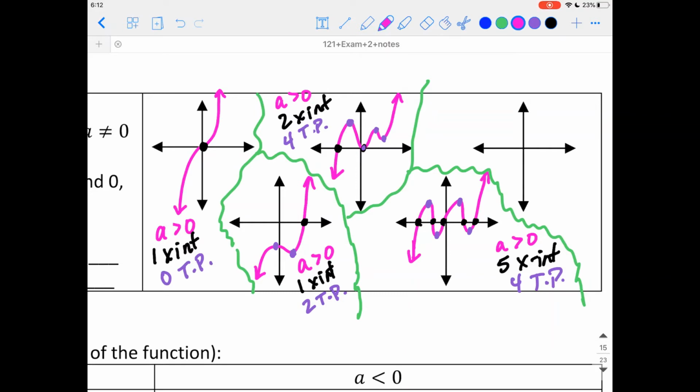And the last kid that we can have can look something like this. So here our A is less than 0. We have 3 x-intercepts. And we have 1, 2, 3, 4 turning points.